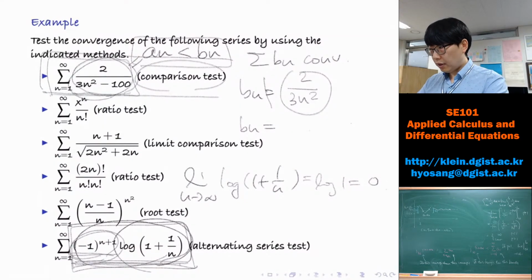Bn has a larger denominator, and a larger denominator means a smaller ratio. So Bn is actually less than an if you use this as Bn. I want Bn as a larger value than an, so that if the Bn series converges, then the an series converges.